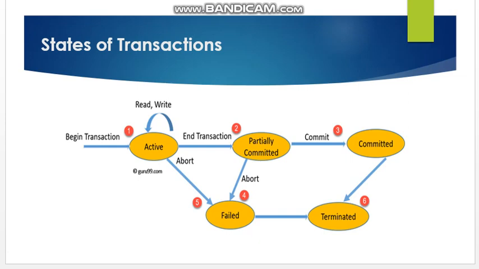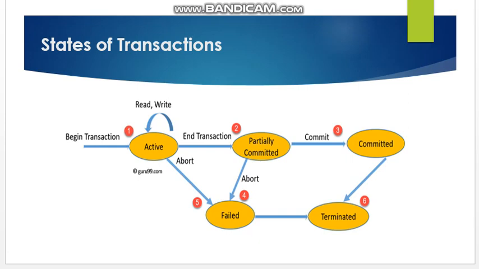But there may be certain problems which arise when we execute the transaction. Suppose you are executing transaction operations like read and write, and they require some data item, but if that data item is not available right now, the transaction fails. And sometimes the transaction is partially executed.